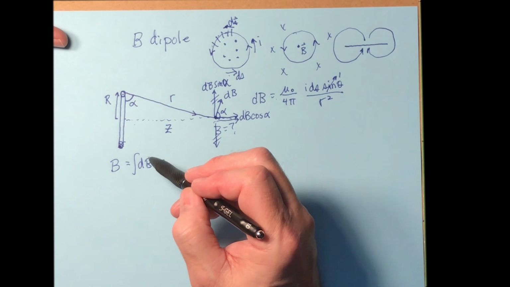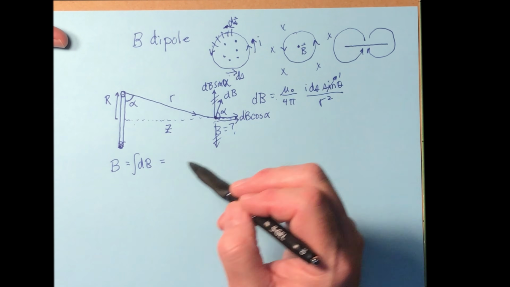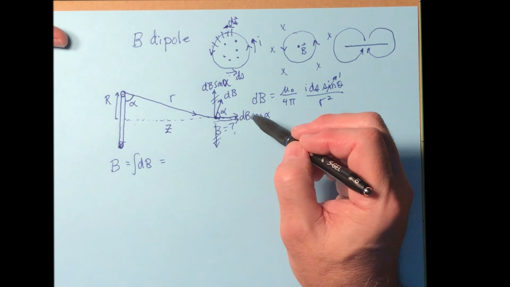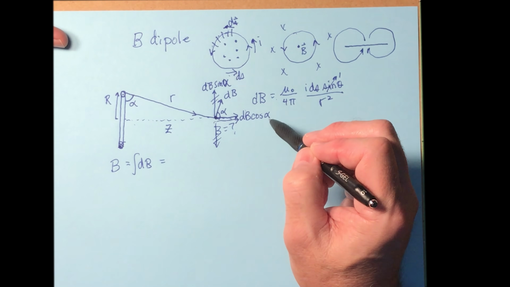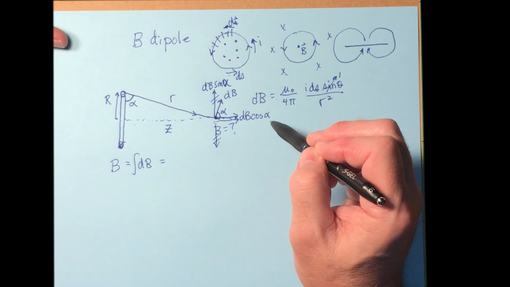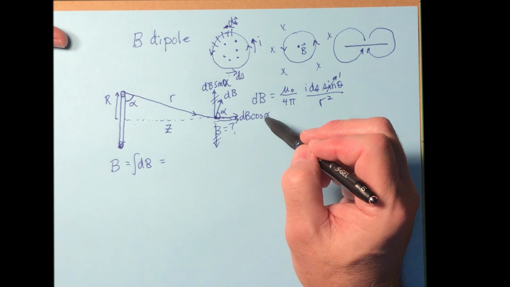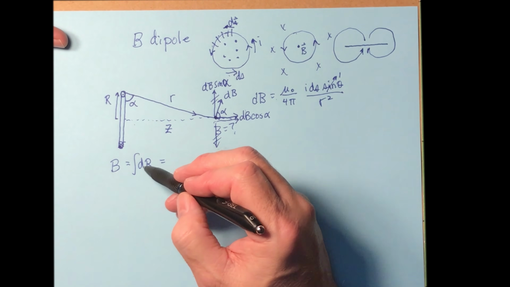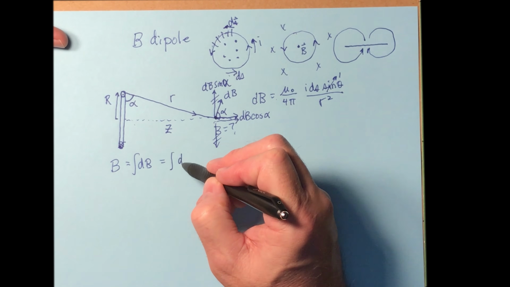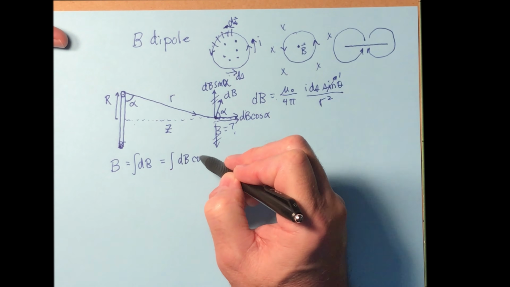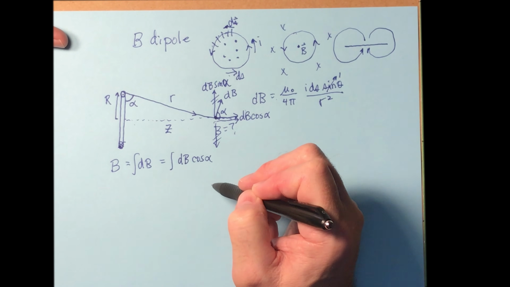So when we talk about dB being a vector, it is a vector, but it's going to ultimately boil down to just the cosine component of the vector that we need to worry about. And that's based upon symmetry arguments. So this dB total really boils down to dB times the cosine of alpha.